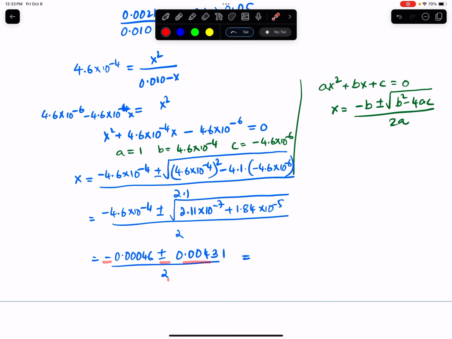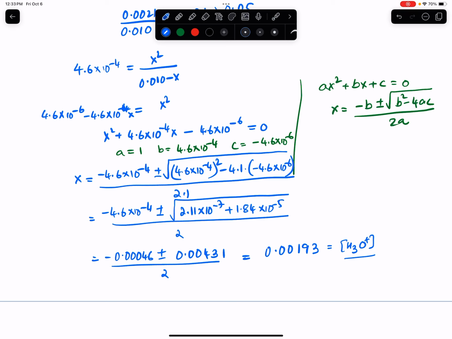That answer is not valid because you can't have a negative concentration. But if I take the negative of this and add it to the positive of this, then I get a positive answer. So I'm only going to go with that option. That gives me 0.00193. This is the concentration of H3O plus.